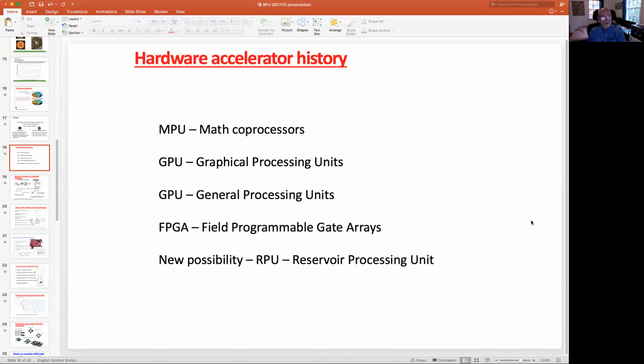Field programmable gate arrays are also used in modern computation, a little bit less known than GPUs. And what we're going to show is that one can take a field programmable gate array and configure it in a way to change its personality to become a reservoir computer, something that we're calling a reservoir processing unit.